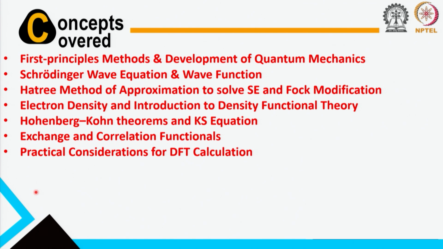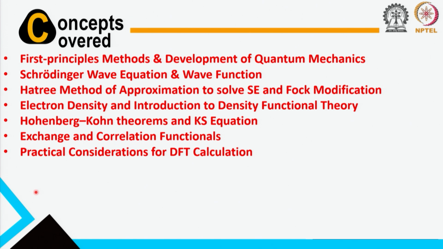The method is based on two theorems by Hohenberg-Kohn and the Kohn-Sham equations, and the main part is played by the exchange and correlation functionals. The theory says that if we know this functional form, then we can model all the material properties at the ground state, and here AI/ML can help to find a better functional.